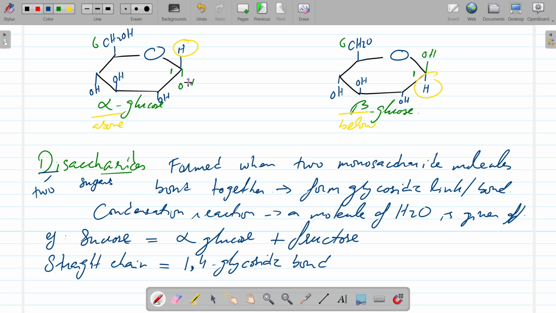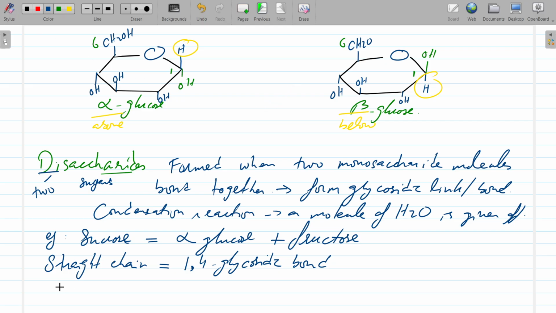What this means is when you've got two molecules of monosaccharides, carbon number 1 and the functional groups it has attached reacts with another molecule at the position carbon number 4, with its functional groups, and these two form a link.